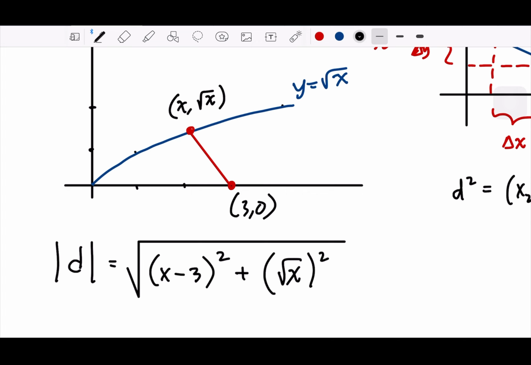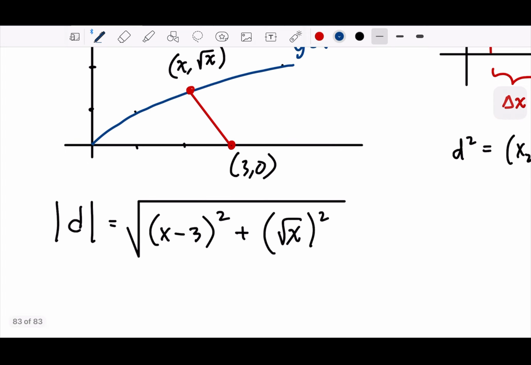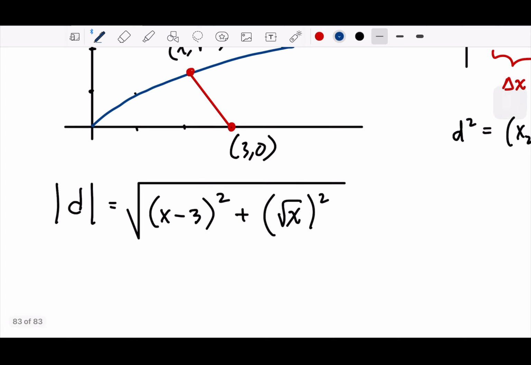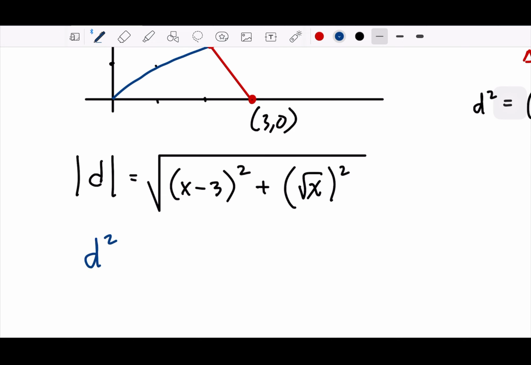Now, to simplify our problem, because we know that the distance should be positive, let's make it into d squared, to remove the square root and make our problem much easier to analyze.